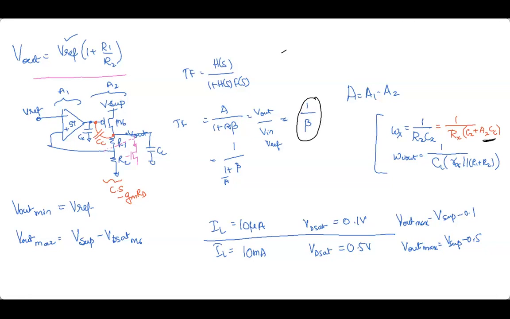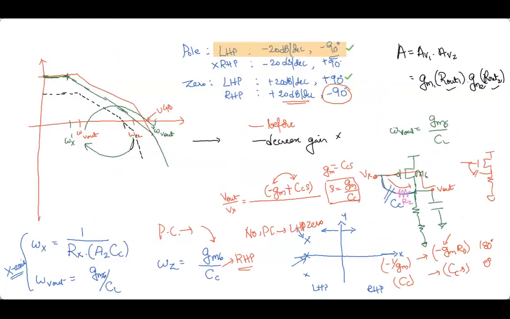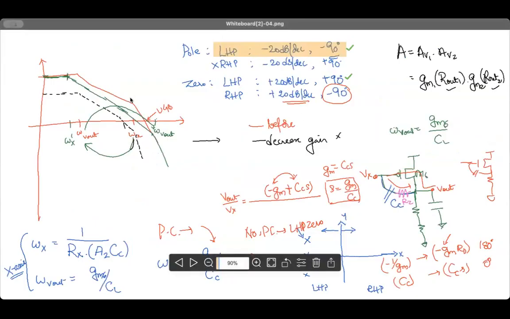As we had referred to the Miller compensation earlier, we then started looking at what happens if the Miller is added. How does our response look? Let me just show this graph. Let's say we have typically the red graph here, where omega Vout is one of the poles.